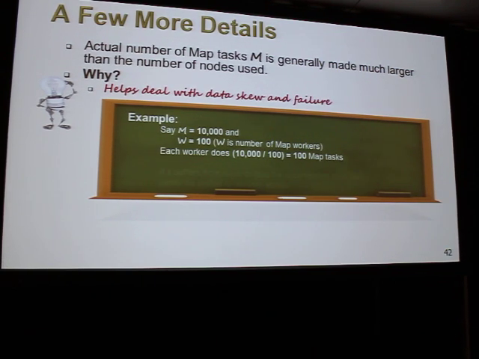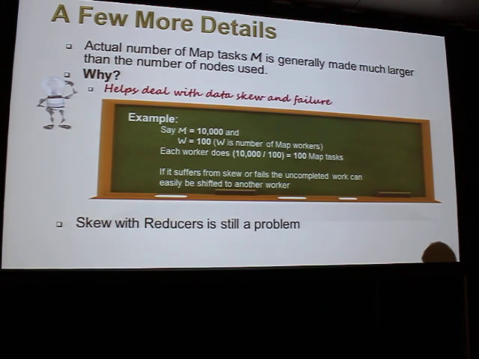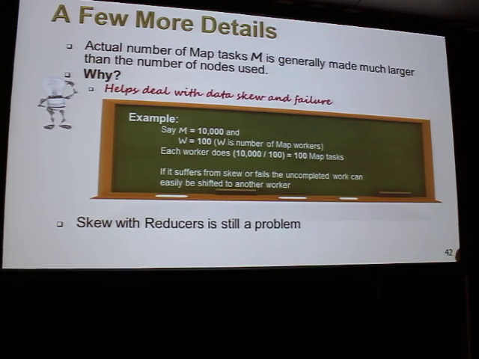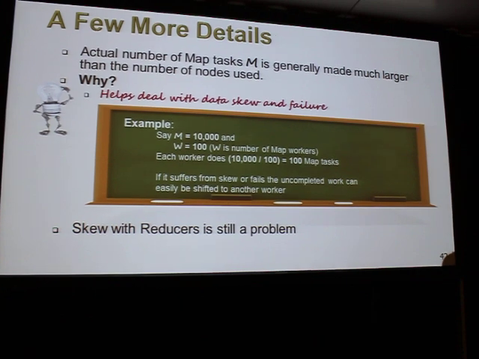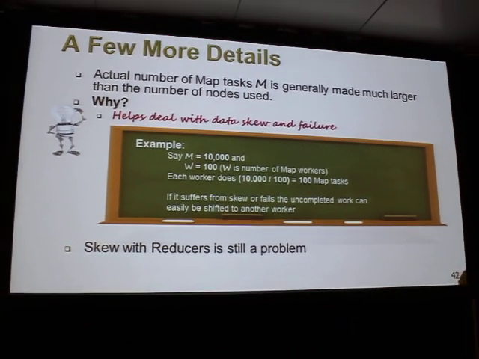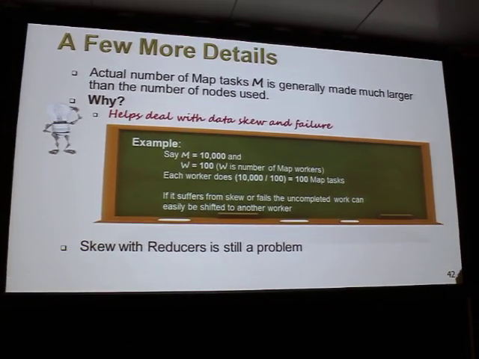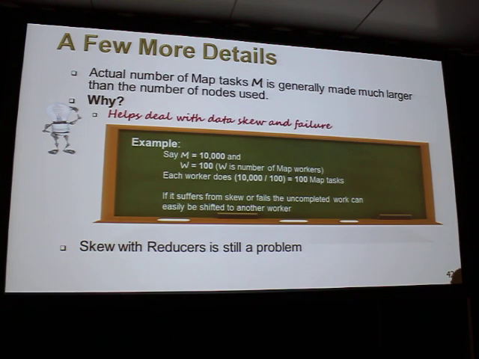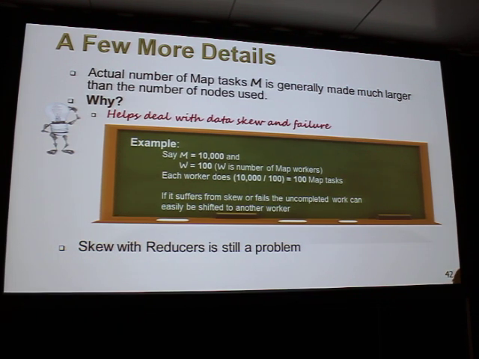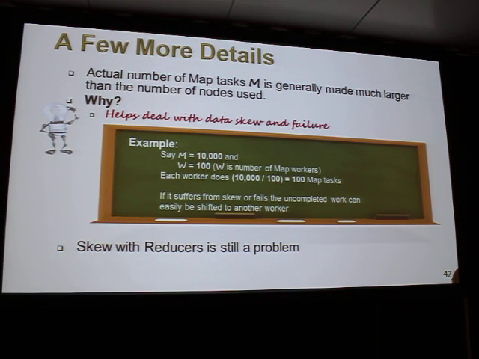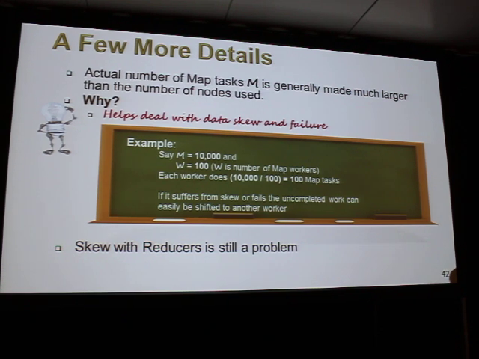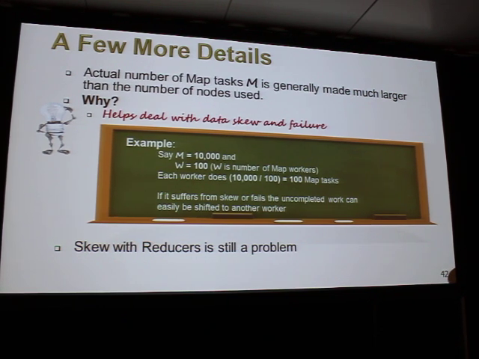Why? The reason is that you are creating resiliency in your system. What if somebody gets blocked and the task manager needs to shoot it and move it over to another node? Your restart cost is much lower if you have smaller jobs than if you have ginormous jobs.